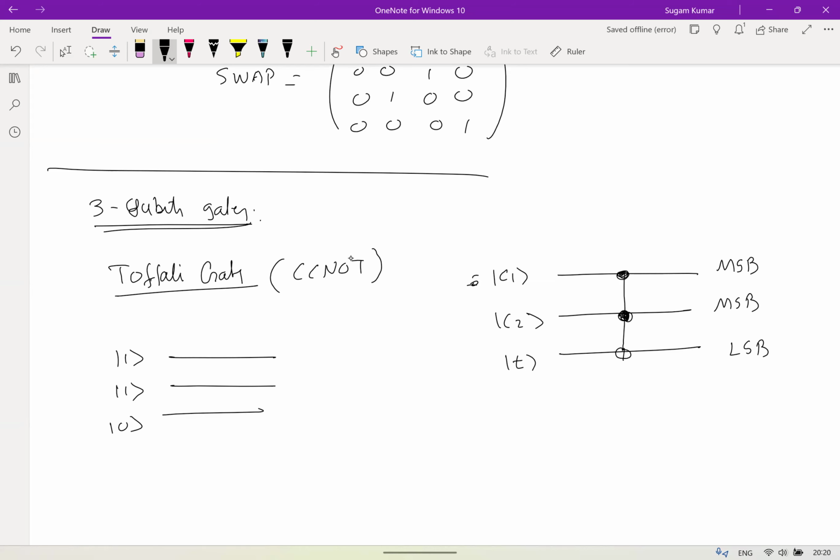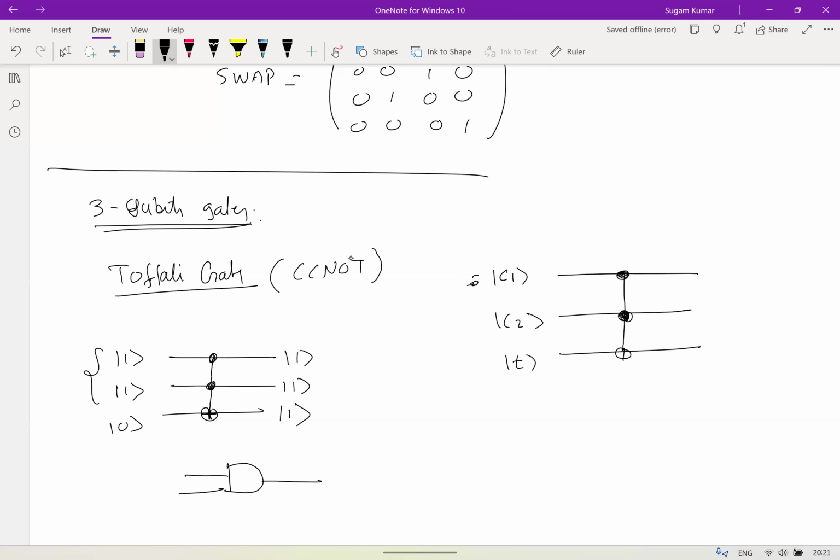These 2 are control bits. When both are 1, then only the spin will flip. Think of it like an AND gate.